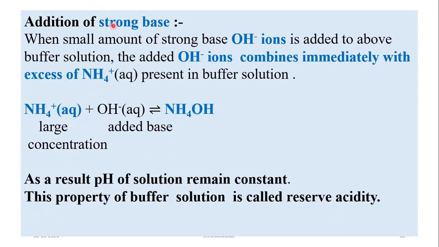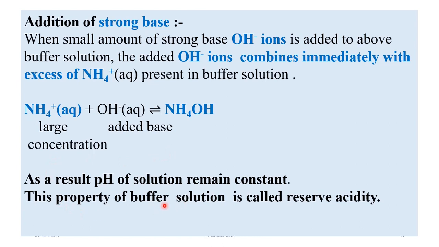Now when a strong base is added, then the added OH ions react with the excess of NH4 ions present in the solution like this. Ammonium ion reacts with OH ion and gives ammonium hydroxide in undissociated form. And due to this, the pH of the solution remains constant, that is, the effect of added OH ion is removed or nullified.